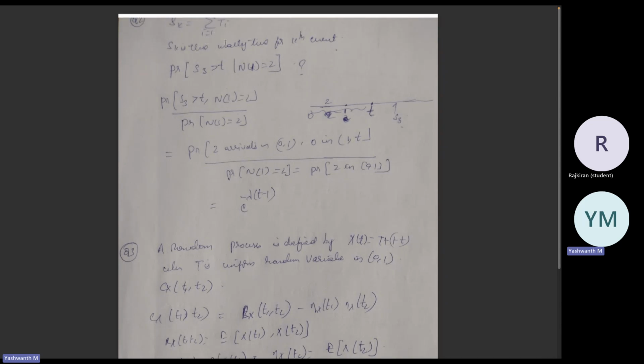That is, Sk is the waiting time for the kth event to occur. And these Ti are the inter-arrival times.